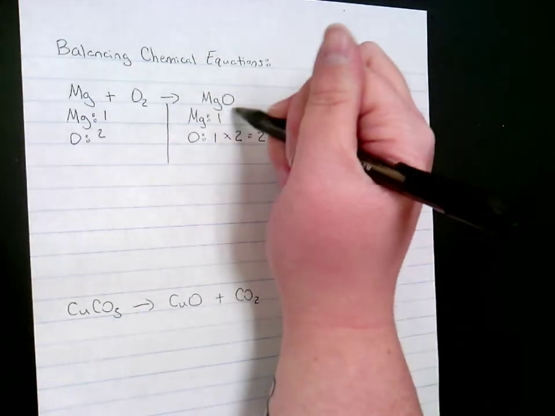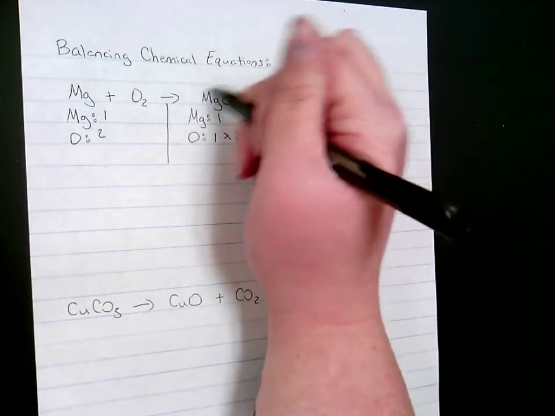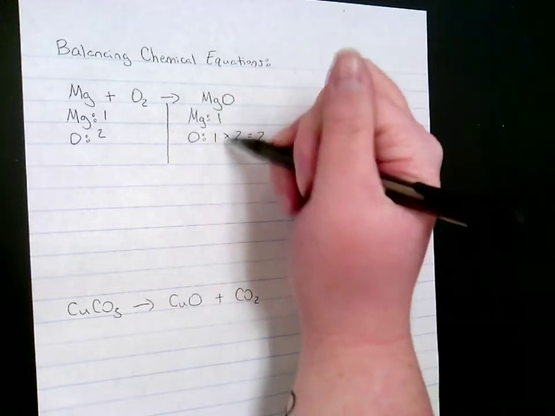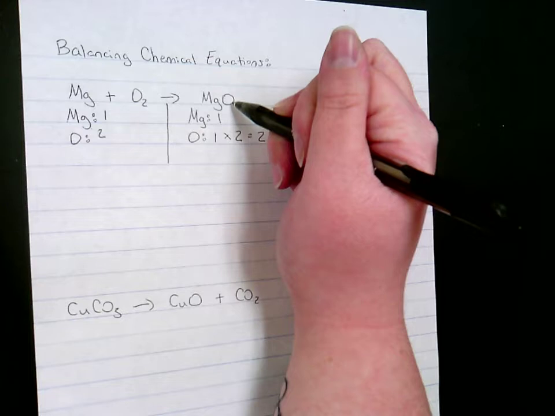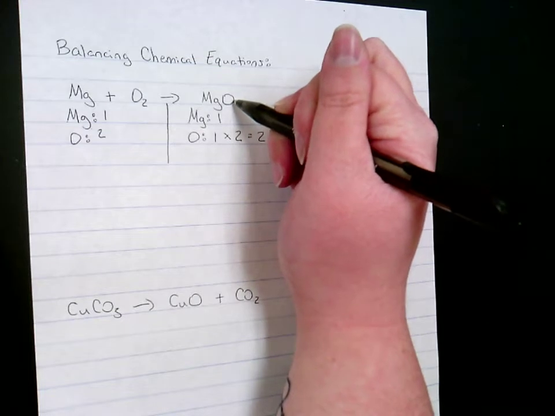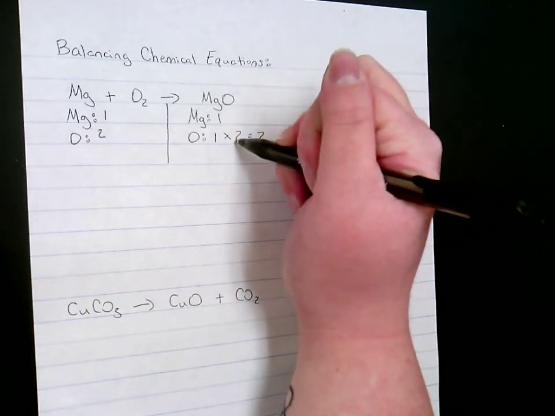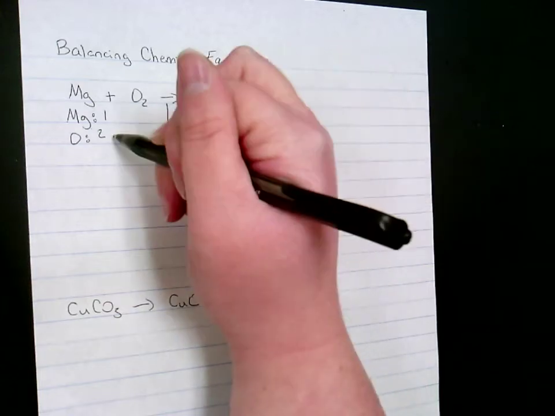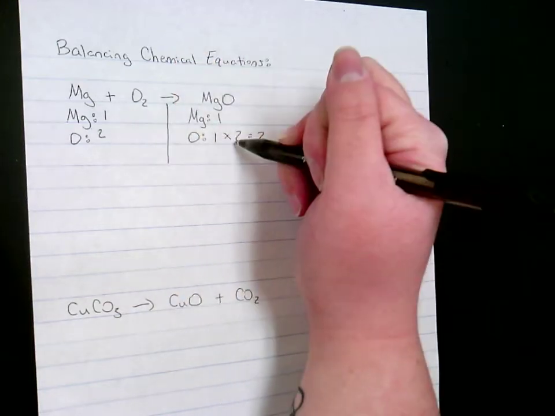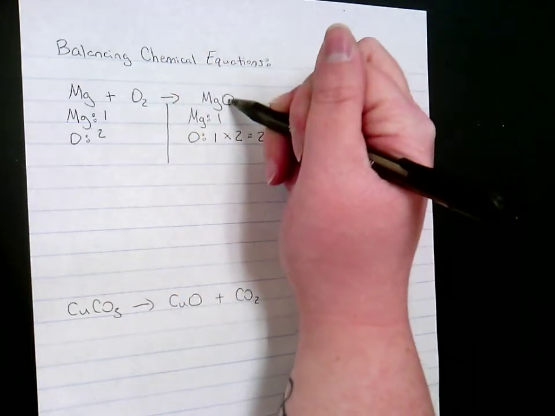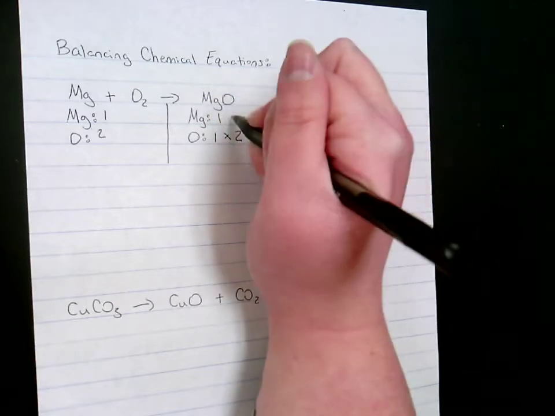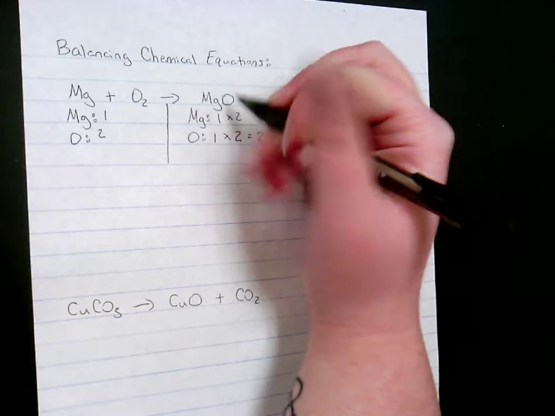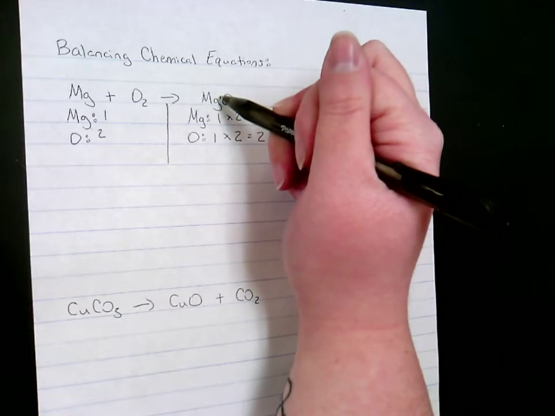But this is a compound, magnesium oxide, and I can't do something to only half of this compound. So since I had to multiply the oxygen by 2 in order to even them out, and this oxygen is attached to this magnesium, I also have to multiply the magnesium by 2 as well.